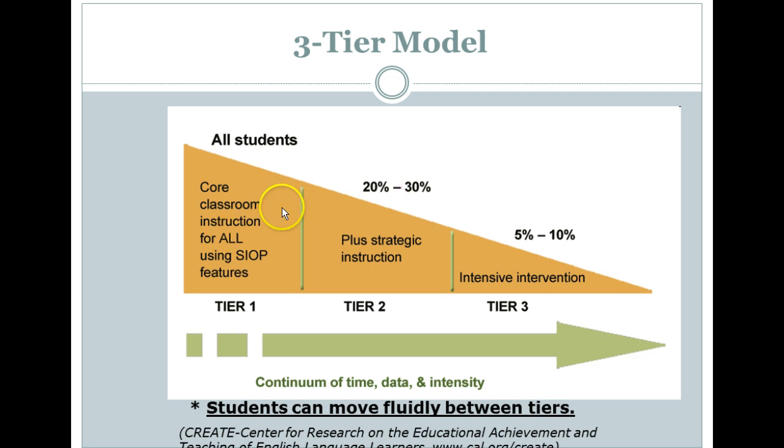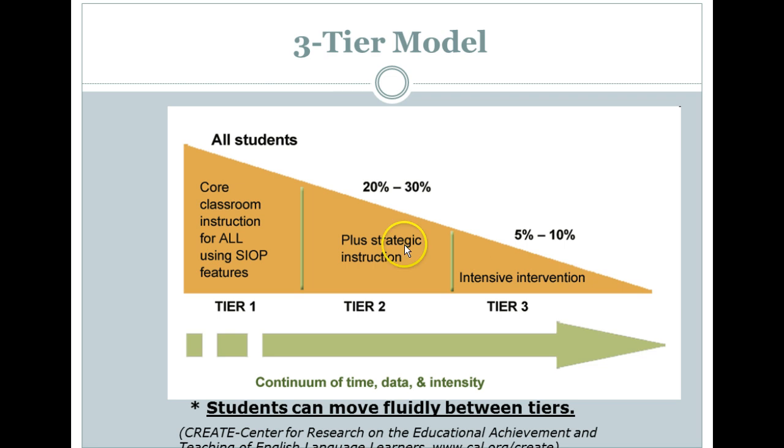All right, so tier 1 consists of all students. Now tier 1 instruction, although we're hoping it's effective, is not going to be effective for everyone. So at the tier 2 level, you may have 20 to 30% of your student population who need a strategic intervention here. And then even beyond that, maybe 5 to 10% need a more intensive intervention.